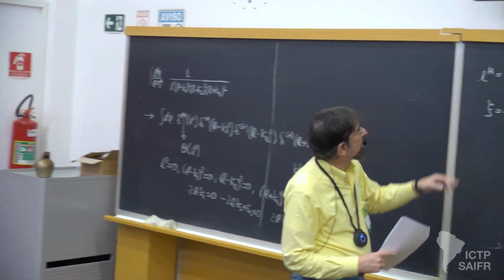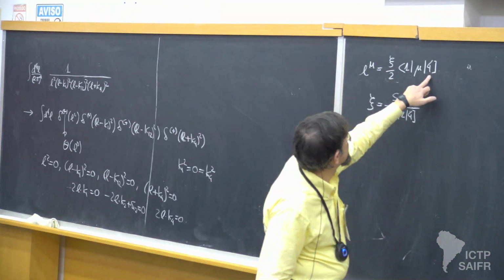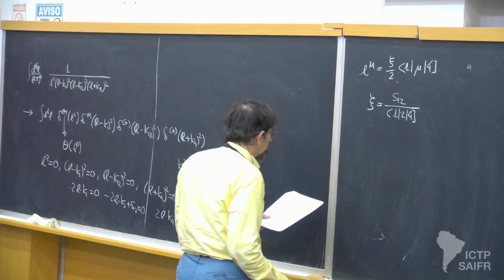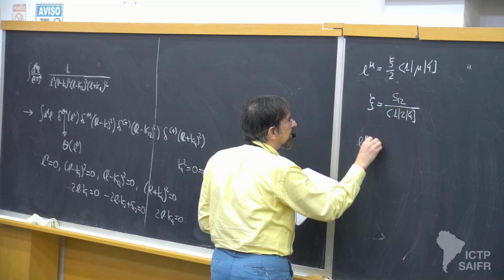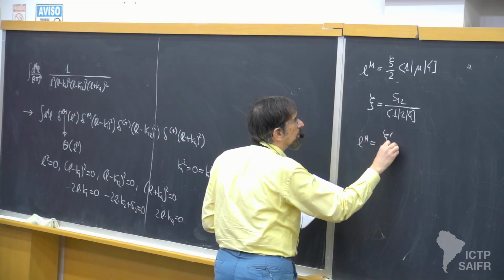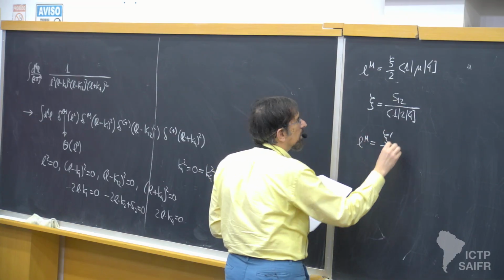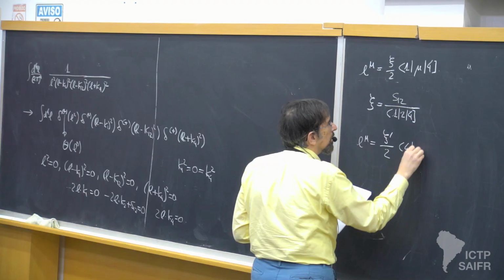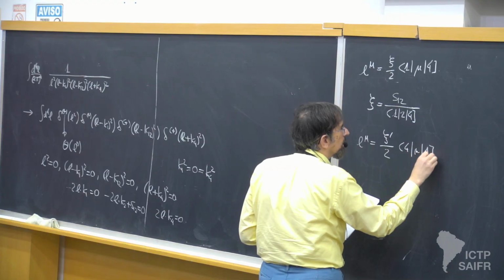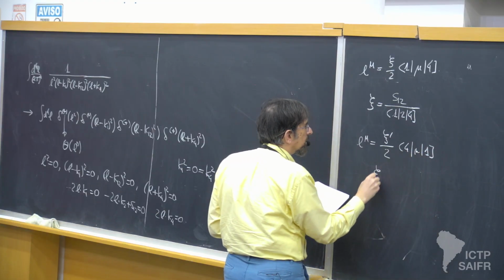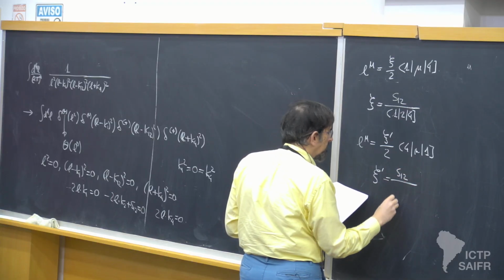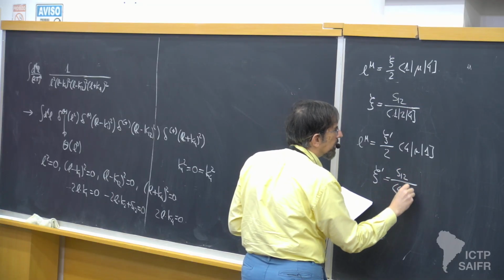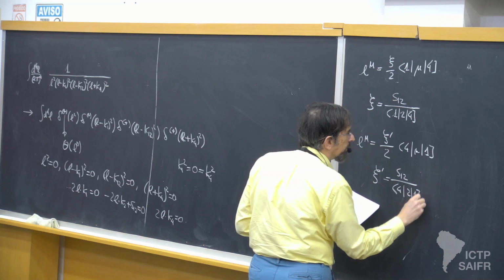Now I could have started with angle 4 mu bracket 1 just as well, and there is indeed another solution which has the form 4 mu 1, and Xi prime is now equal to S12 over 4 to 1.